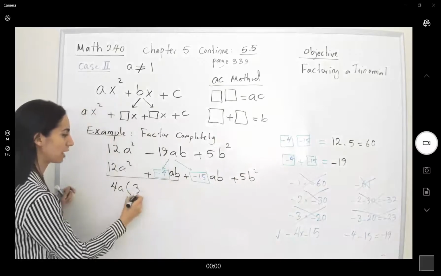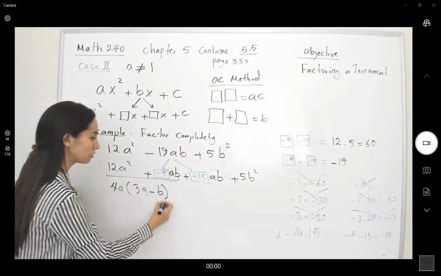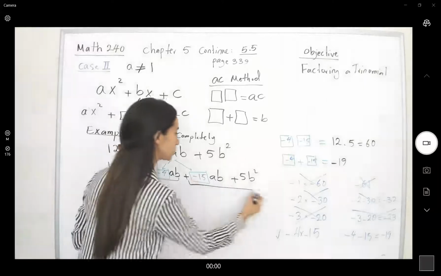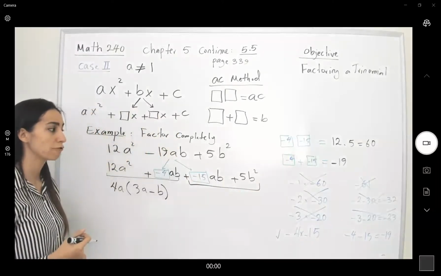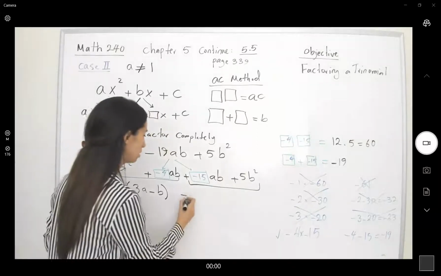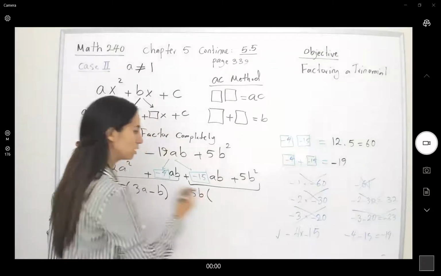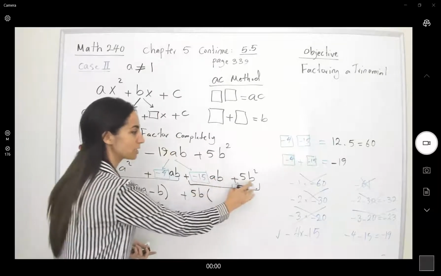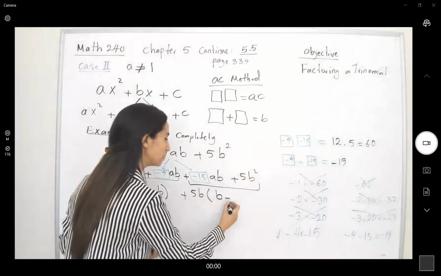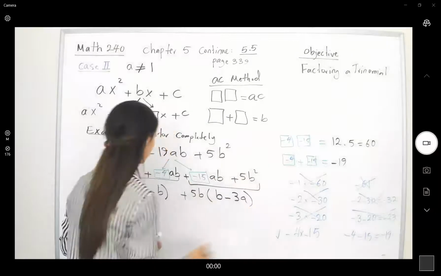So I get 3a minus b. Between these two, you might say the greatest common factor is 5b. If I write it as 5b, I get negative 3a plus b. I can write it as b minus 3a.